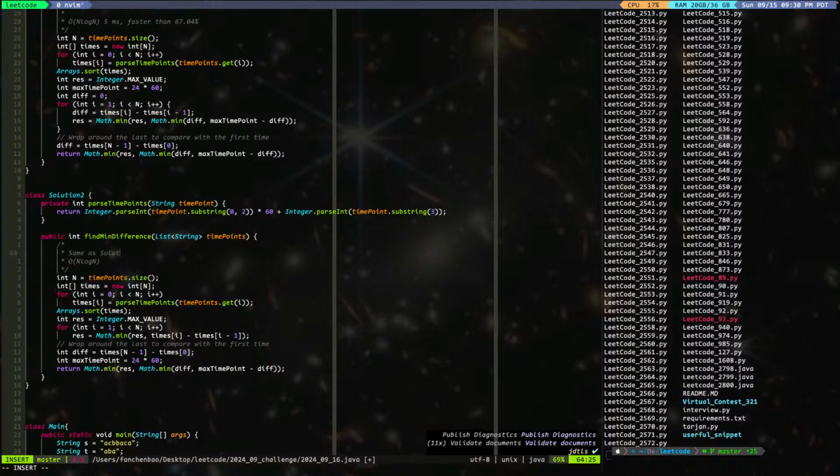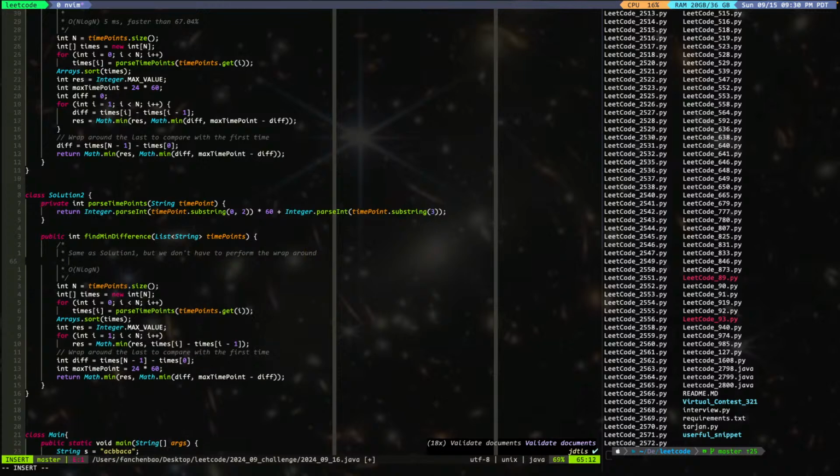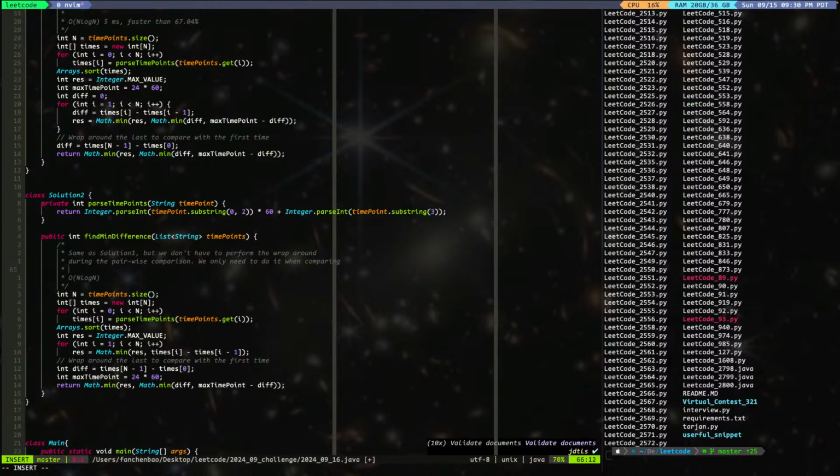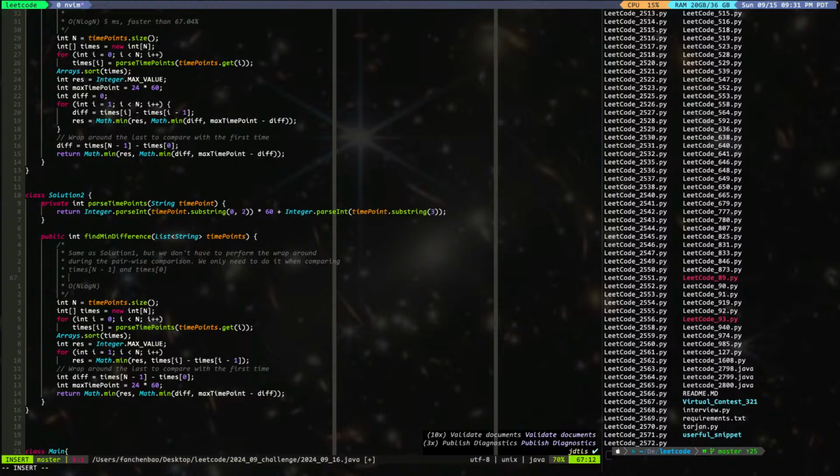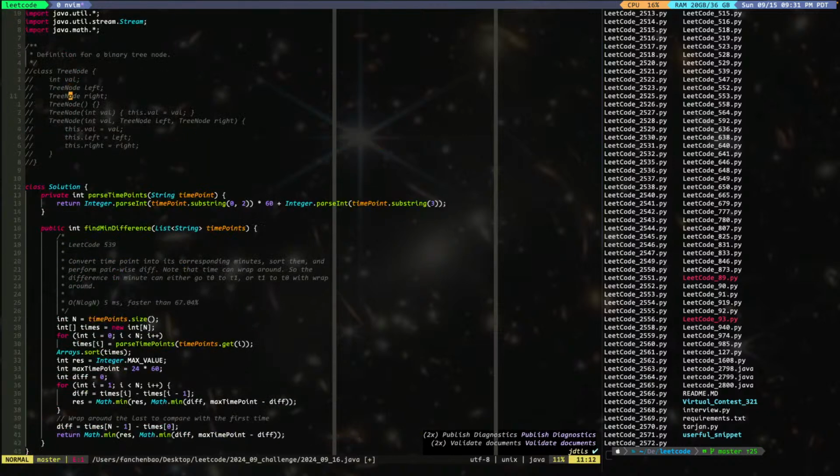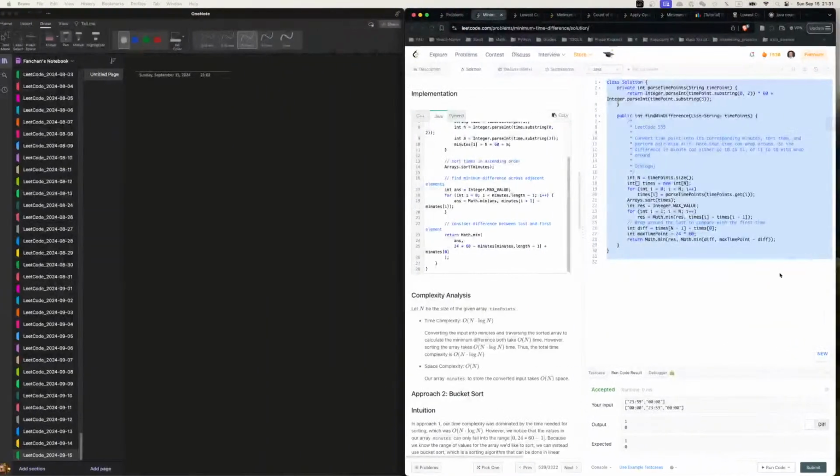Same as solution 1, but we don't have to perform the wraparound during the pairwise comparison. Only need to do it when comparing times n minus 1 and times 0.